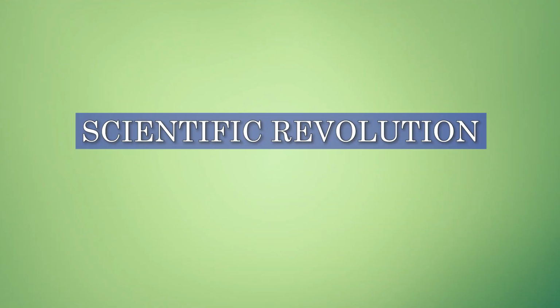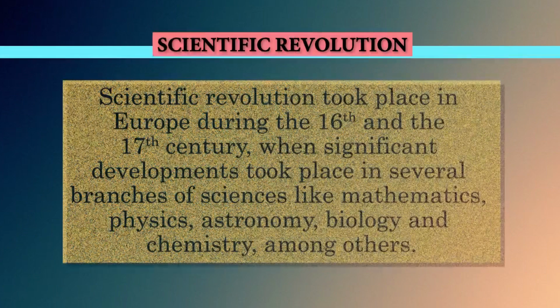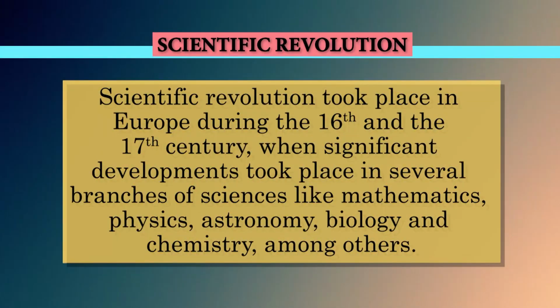Now, what is the scientific revolution? The scientific revolution took place in Europe during the 16th and the 17th century when significant developments took place in several branches of sciences like mathematics, physics, astronomy, biology, and chemistry, among others.